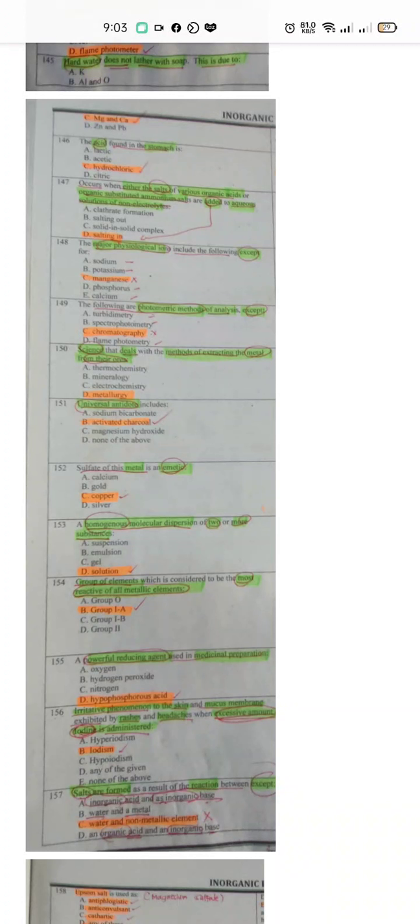Okay, number 153, a homogeneous molecular dispersion of two or more substances. That is your solution.